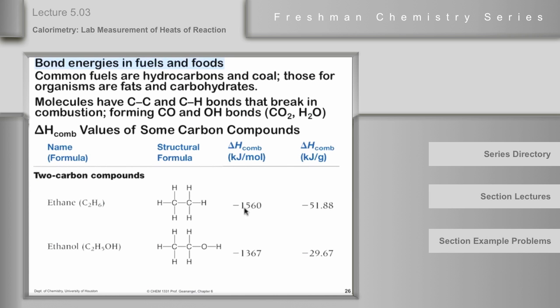Now, you know, we are, as a society, using a lot of ethanol in our gasoline, at least 10% by law in most cases, and some places as high as 85%, in order to make the air pollution effects, mainly, as small as possible, keep our air clean. Well, that's a good thing, but notice per gram that we go from negative 52 kilojoules per gram to about negative 30.